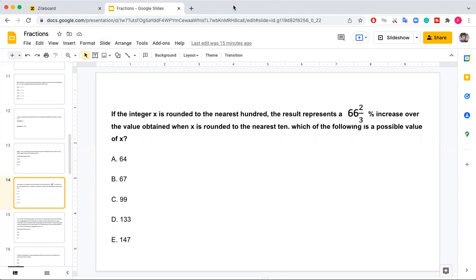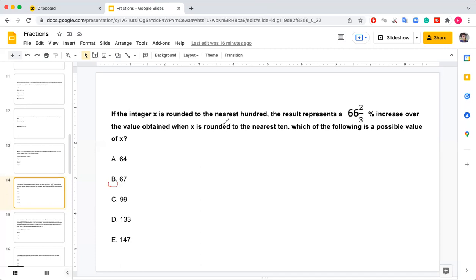Okay, so what is the answer of this question? No one has come up with the answer of this question. B. Okay, so B. Okay, so just see the question.